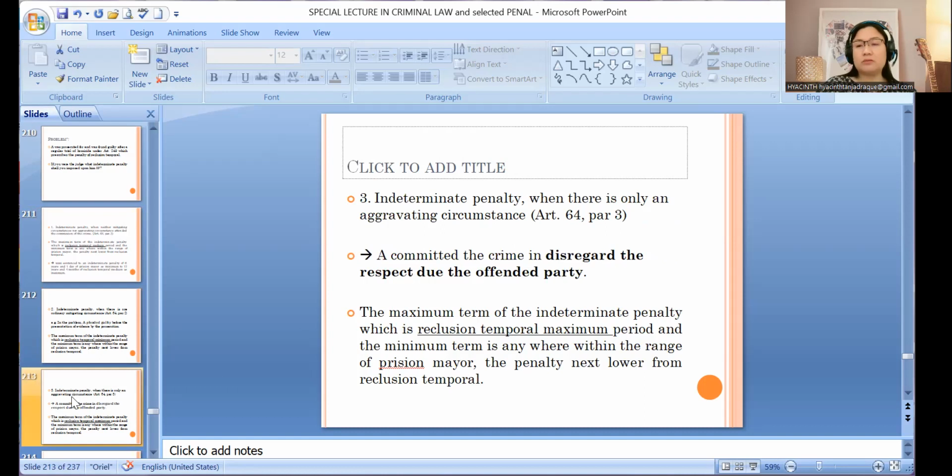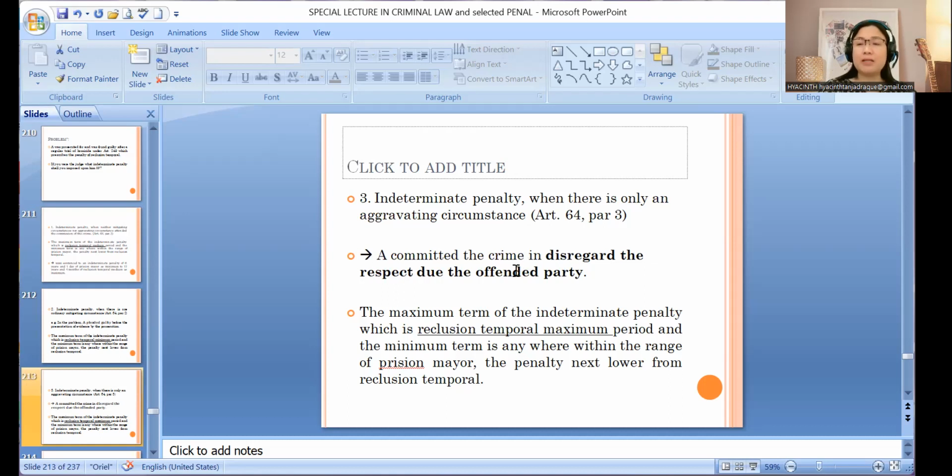Now, what would be the penalty to be imposed upon the accused when there is one aggravating, such as disregard of the respect due the offended party? So what would happen now? We are actually talking of the same facts. Accused was charged and convicted for homicide. So you have there one aggravating.